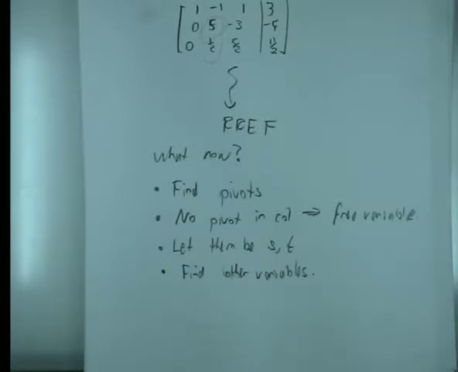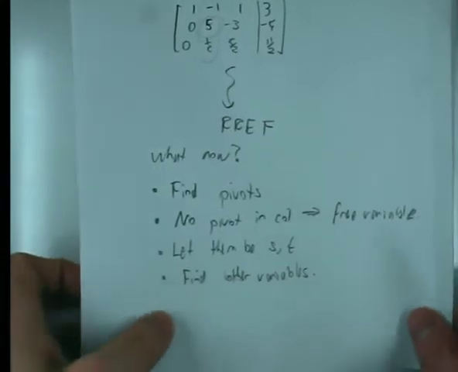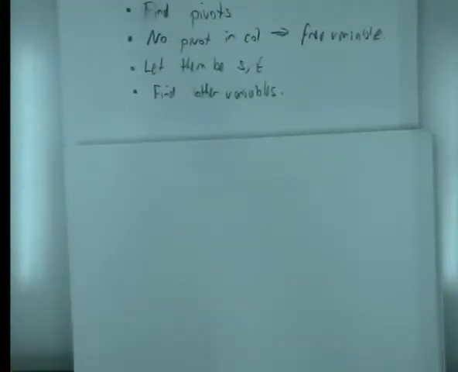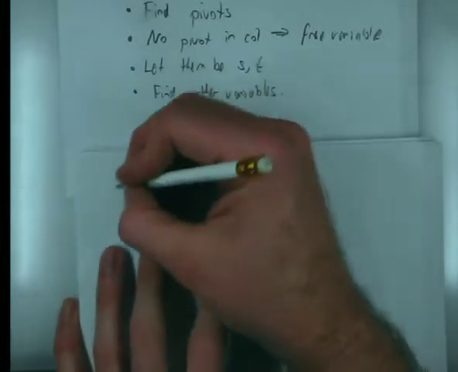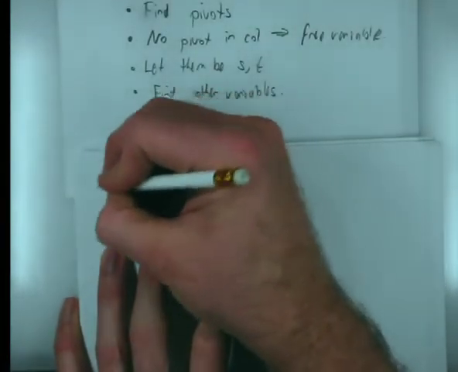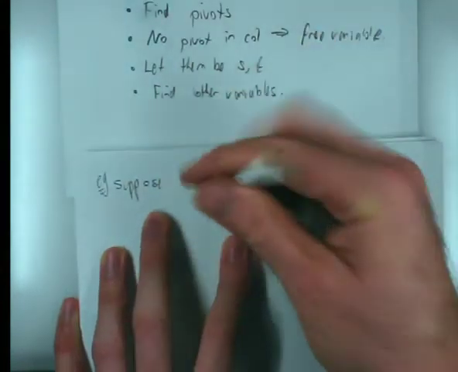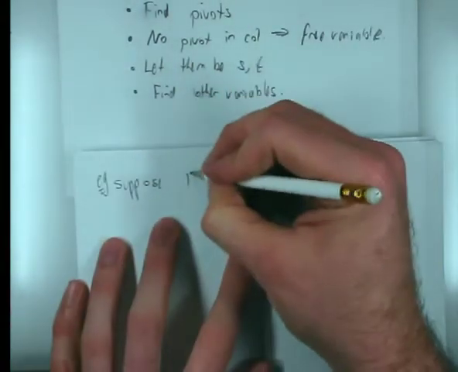So, I'm going to connect this to the vectors stuff. I'm just going to take a 3 by 3 one. I'm used to writing R for real numbers.